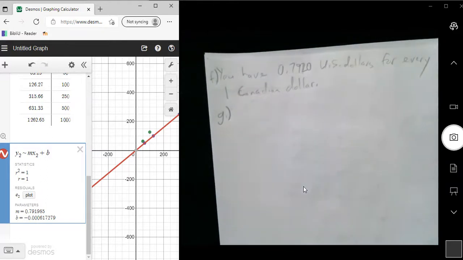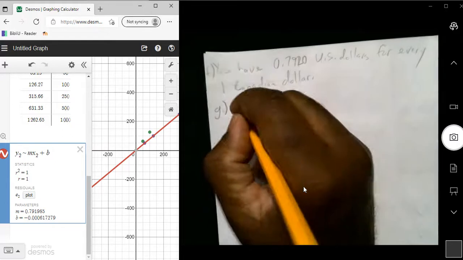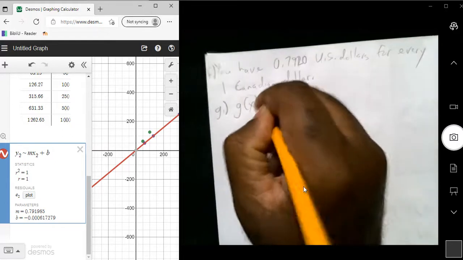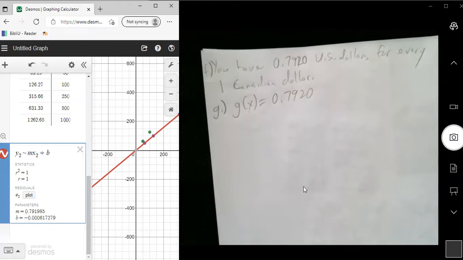It says use X to represent the input to write the linear equation of the function G. So it'll be G of X is equal to 0.7920. And as you all can see here, we have just as small a y-intercept as we had for the F formula.